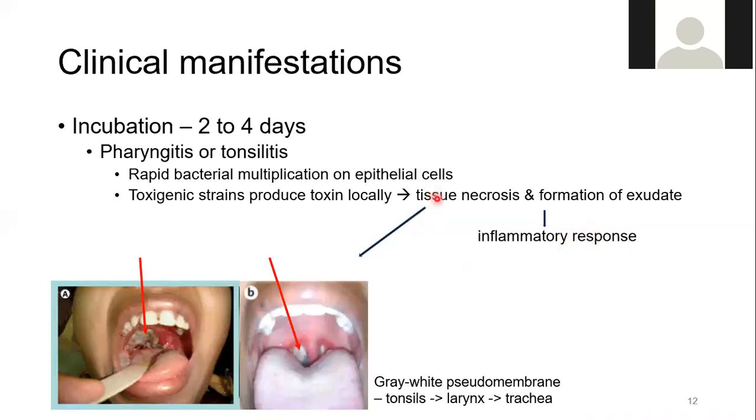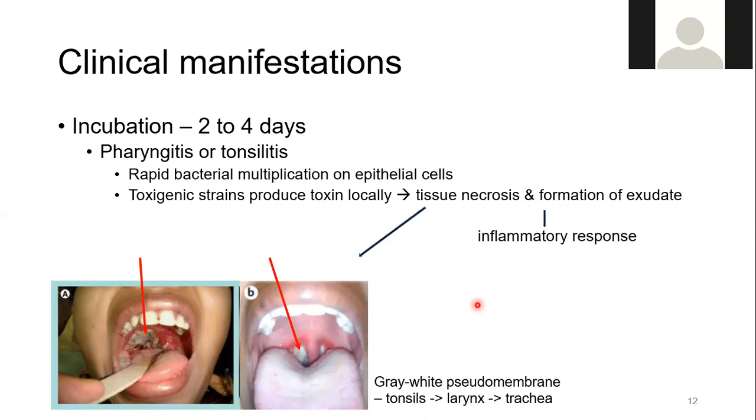So what then develops in this site is what we call a grayish-white pseudomembrane. It's a membrane that forms on top of the tonsils initially. So that's the whitish layer that you can see here. It tends to have a texture similar to leather and can extend from the tonsils to the larynx and into the trachea.